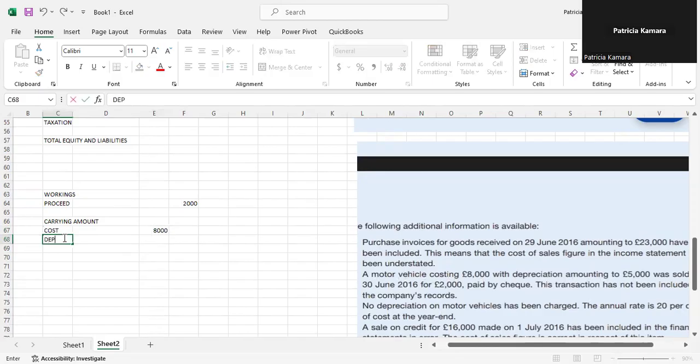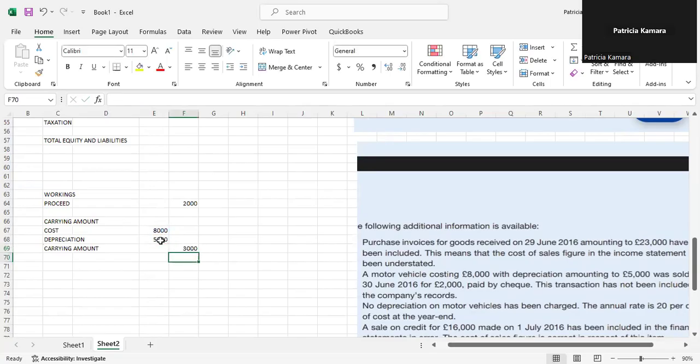So depreciation is equal to £5,000, meaning that our carrying amount now, or the net book value, the amount that we carry the item for in our books, will be equal to the cost of the asset minus the depreciation. So it means that the carrying amount at the time of disposal was 3,000.